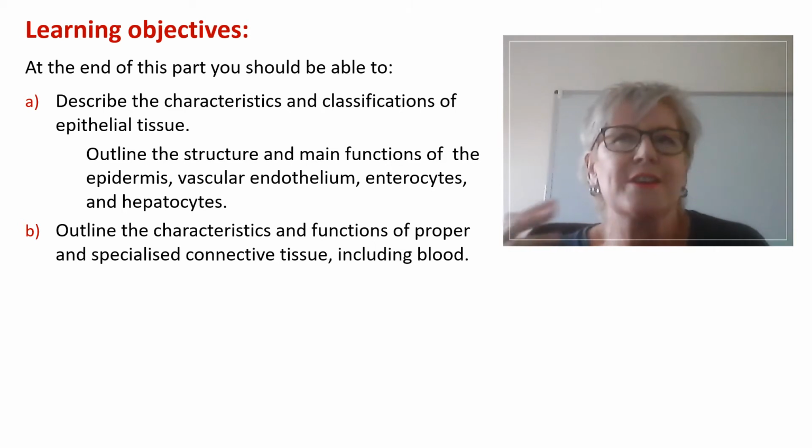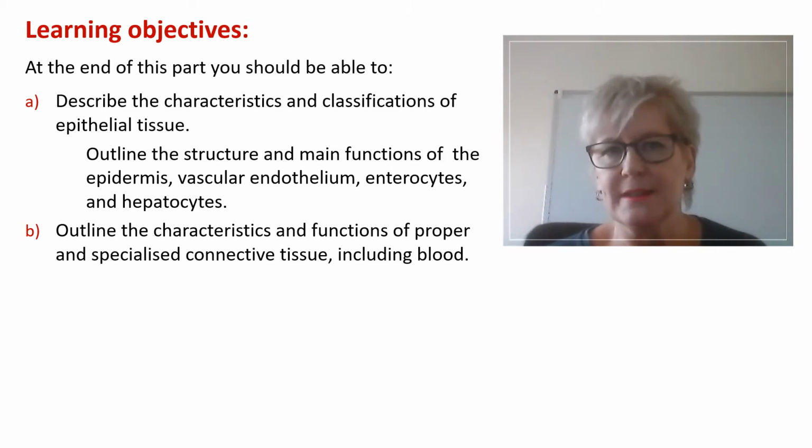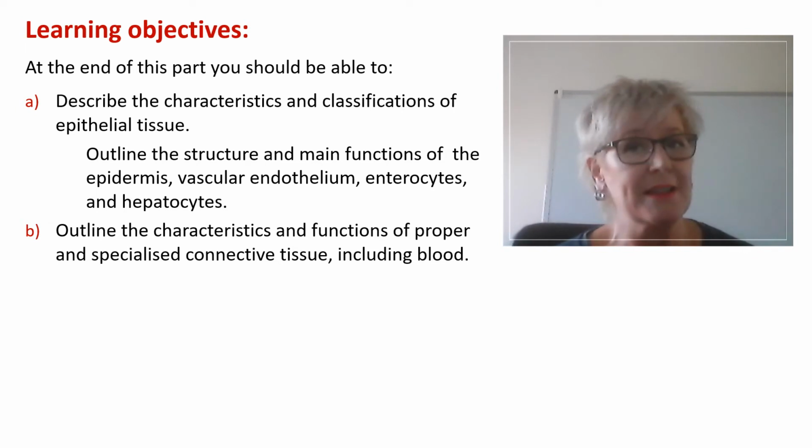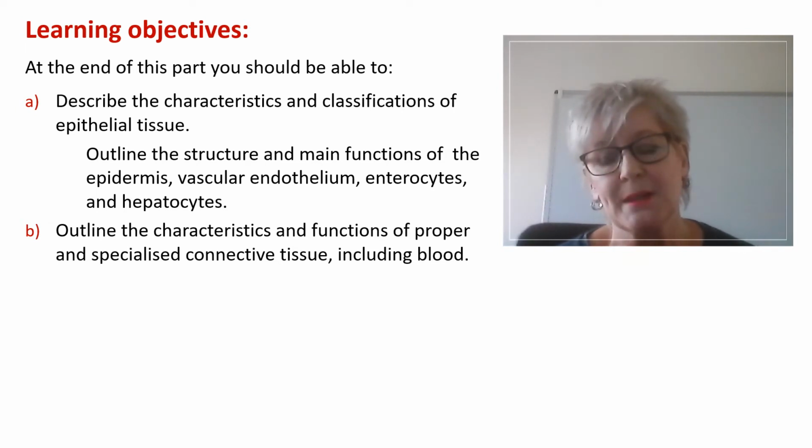The sort of fascia and the cartilage, that sort of thing, the packing tissue. But connective tissue has specialized connective tissue. And these include some pretty different ones that you wouldn't think were connective tissue, like blood. So we'll look at that in a little more detail.